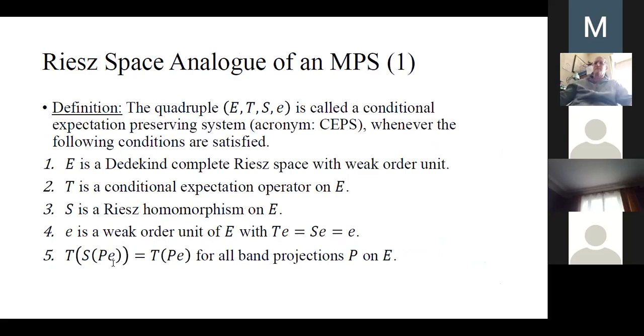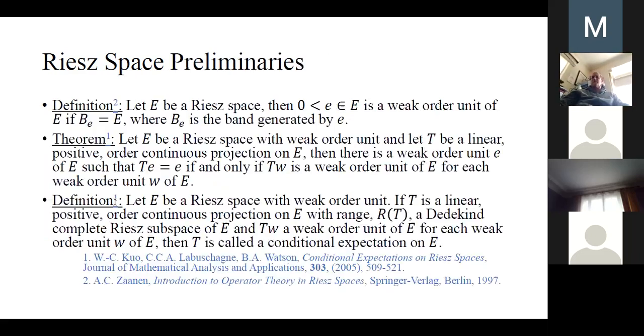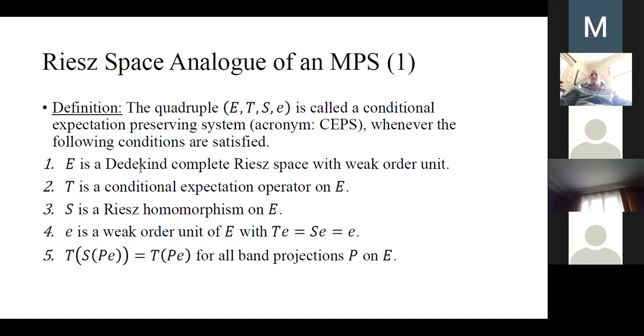For the KEFs, this conditional expectation operator, it is precisely what's defined. The only reason I require E to be Dedekind complete is that I have more than the trivial band projections. So if the zero map and the identity map are the trivial band projections, by forcing E to be Dedekind complete, then I have more than just those trivial band projections. And my question about S, the map S. Do you get the same?